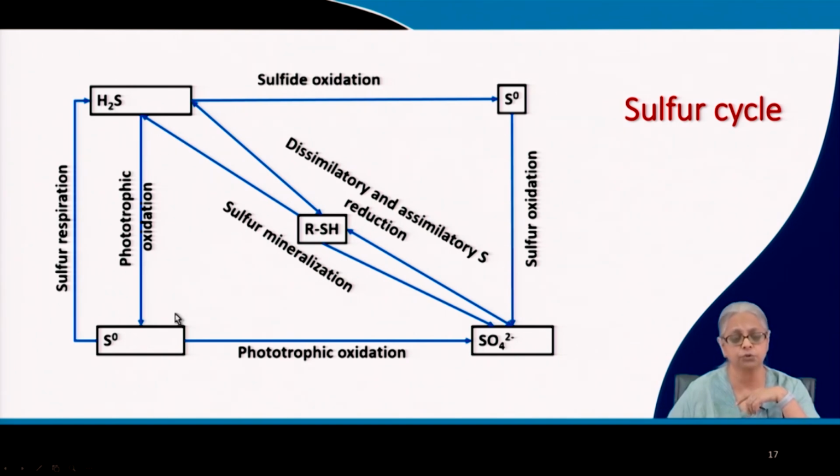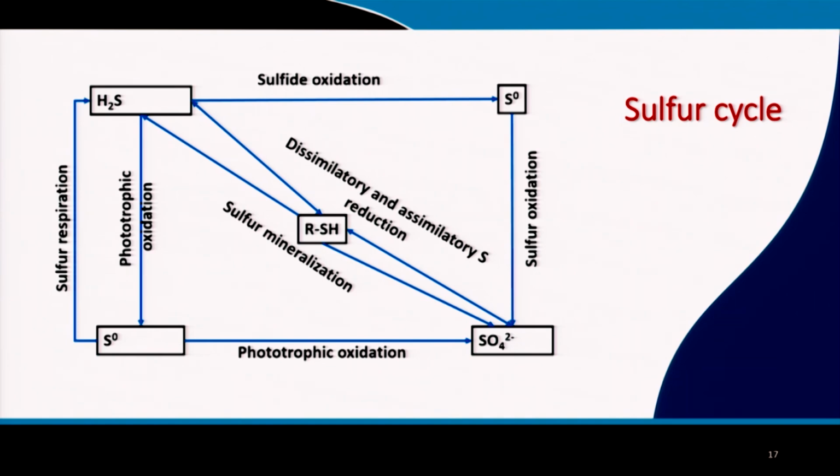So those are the phototrophic oxidation pathways. When these inorganic forms are converted back to hydrogen sulfide, that is called sulfur respiration. So you can see the number of different processes that are present in the environment which allow complete recycling of sulfur in the environment. I'll be talking about that a little bit more.